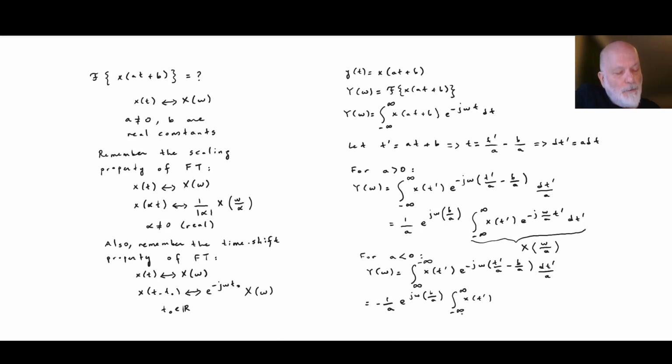So the integral is now from minus infinity to plus infinity of x of t prime e to minus j omega over a t prime, integrated with respect to t prime. So this turns out to be minus 1 over a, e to j omega b over a, X of omega over a again.